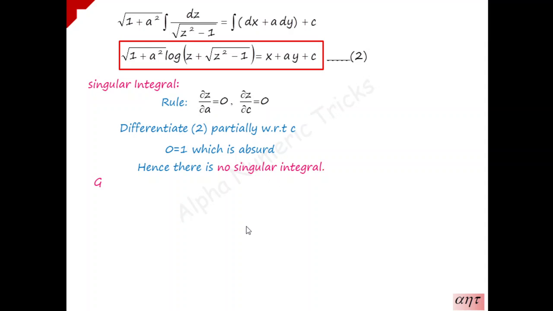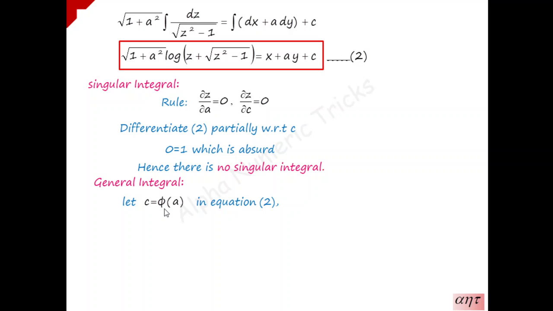Now we have to find out the general integral. What is the rule for finding the general integral? You have to reduce the two arbitrary constants in the complete integral to a single arbitrary constant with the help of the substitution c is equal to phi of a. That is, one constant in the complete integral should be written as a function of the other constant, and that is substituted in the complete integral.